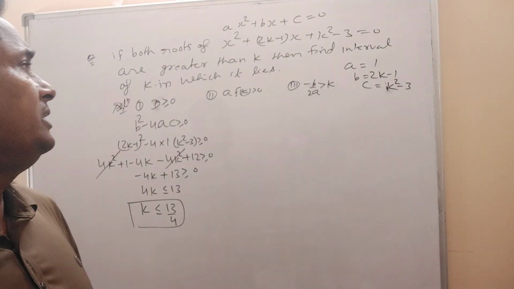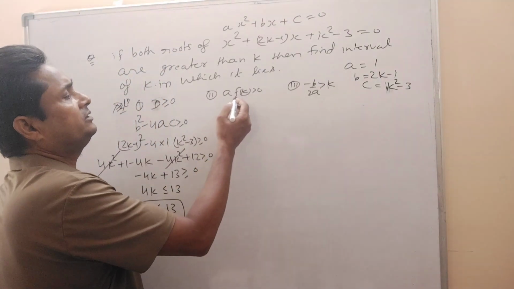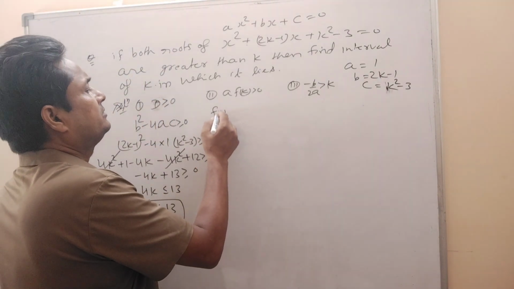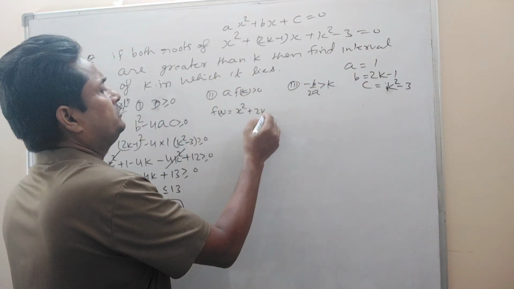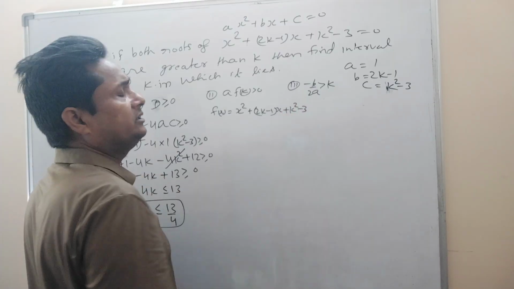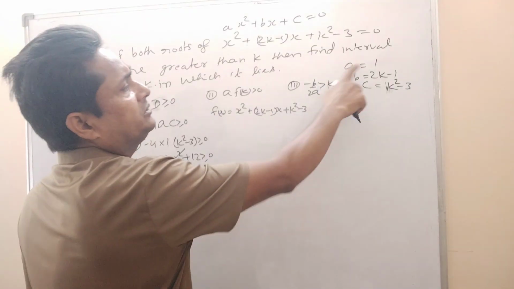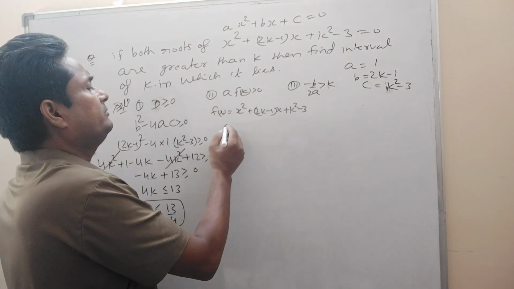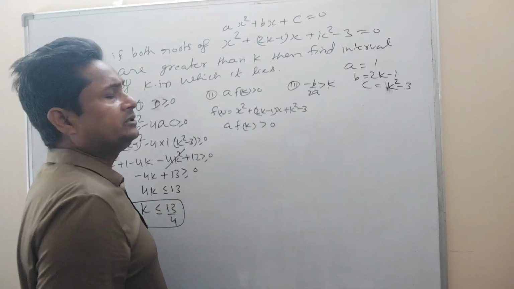Now we have to solve the second case. f(x) is this one: f(x) is x square plus (2k minus 1) x plus k square minus 3. A is 1 already. So we have to substitute: A f(k) must be greater than 0.